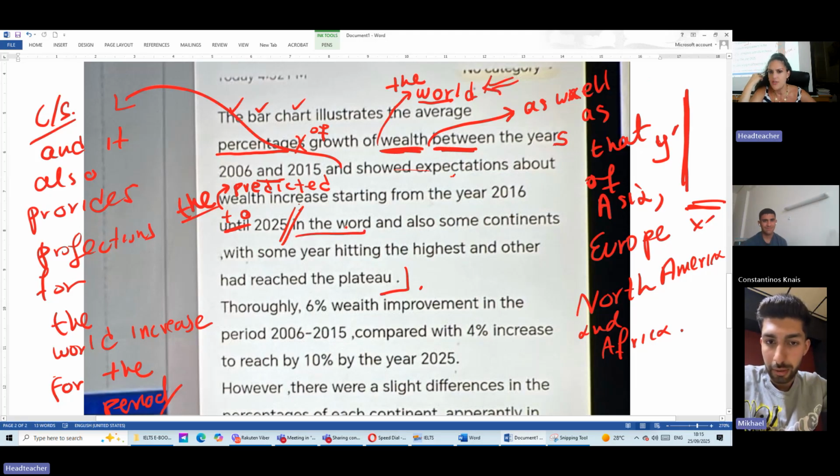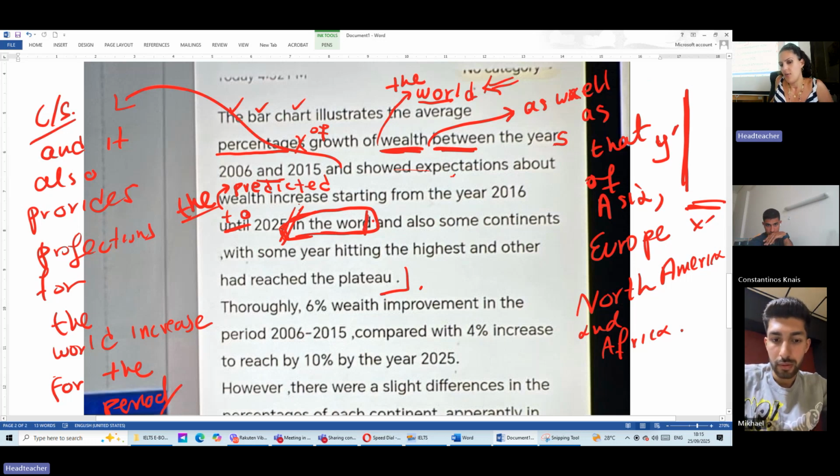But it's better to write it here, because here you refer to both cases, the present situation and the future situation. The way you wrote it here seems like the projections are only around the world, and not the other continents. So it's better to remove this from here and put it here to be more clear.